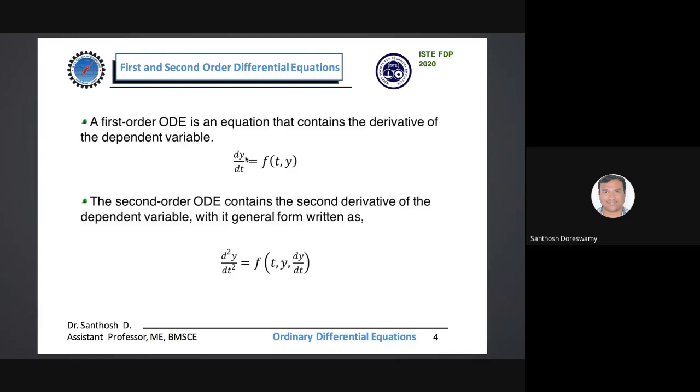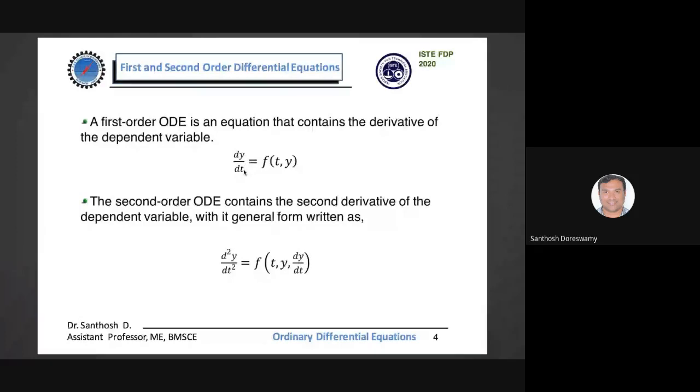So if I take a differential equation of this form, where the first derivative itself is given as a function of time and the dependent variable y, then this equation has order 1 because you only have one derivative. You will call this a first order ordinary differential equation because you only have a derivative with respect to time and nothing else.